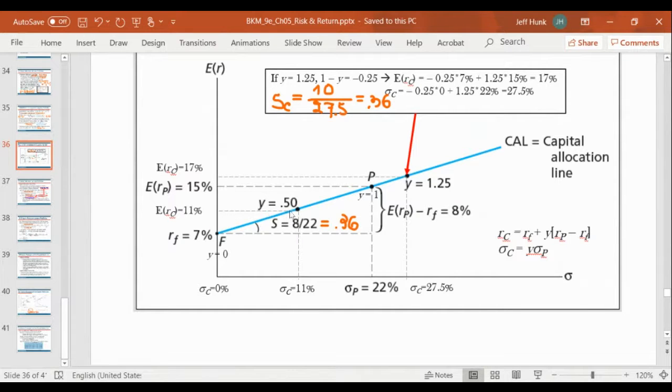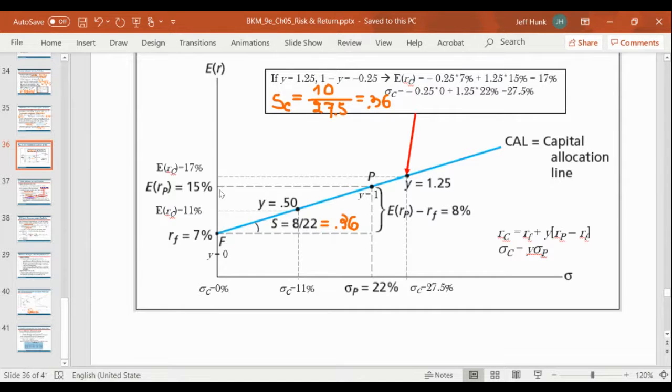First, if the weight is 50-50, 50% in the risky, 50% in the risk-free, the Sharpe ratio is 0.36, which is 8 over 22, where 8% is the risk premium.